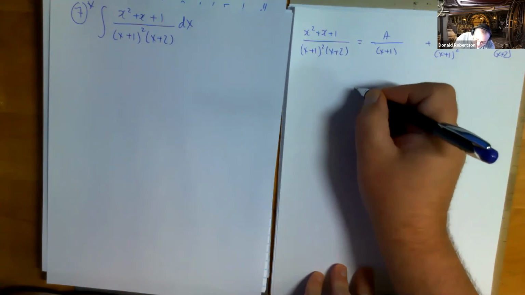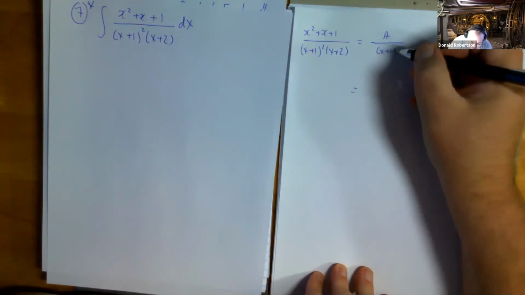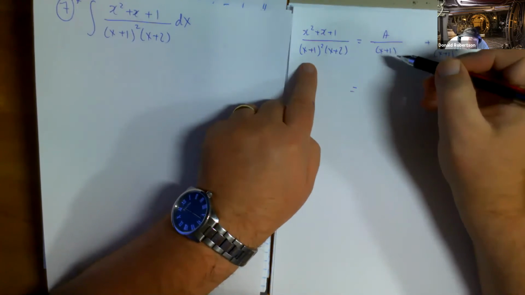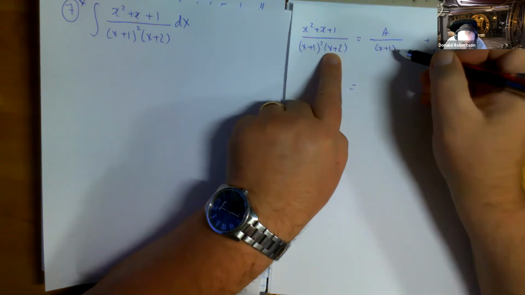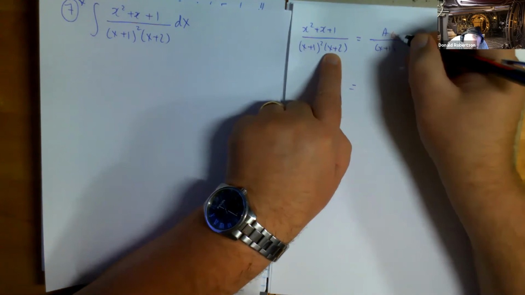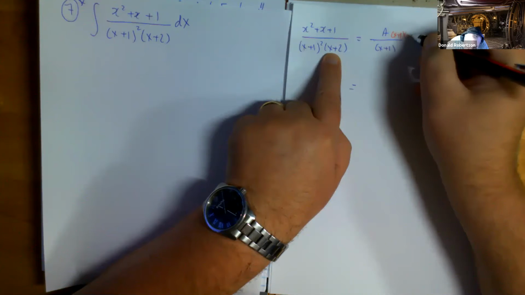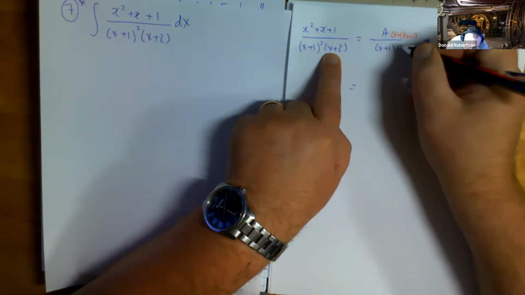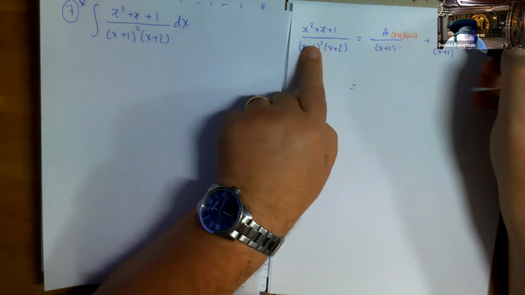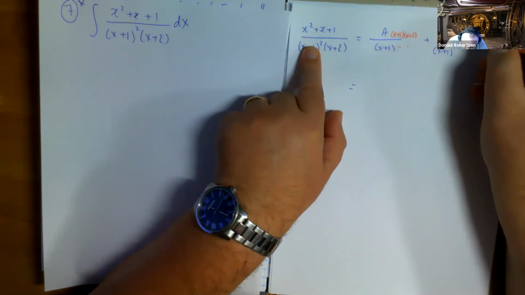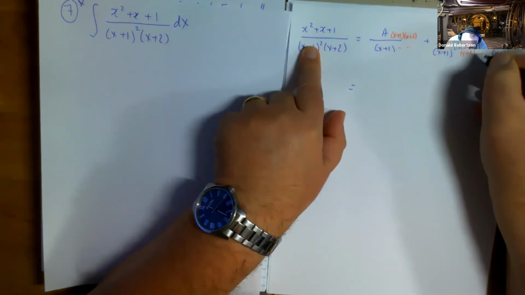Now, when we put these together, think of what they're missing. That's how I think about it. This is what I need. It's only got an x plus 1. That means it's missing another x plus 1 and an x plus 2, top and bottom. Now, what about the middle one? Well, it's got the x plus 1 squared, so it's only missing a single x plus 2.